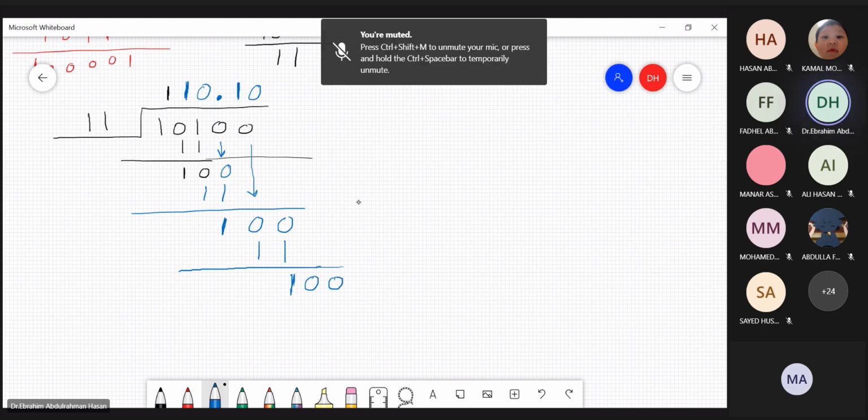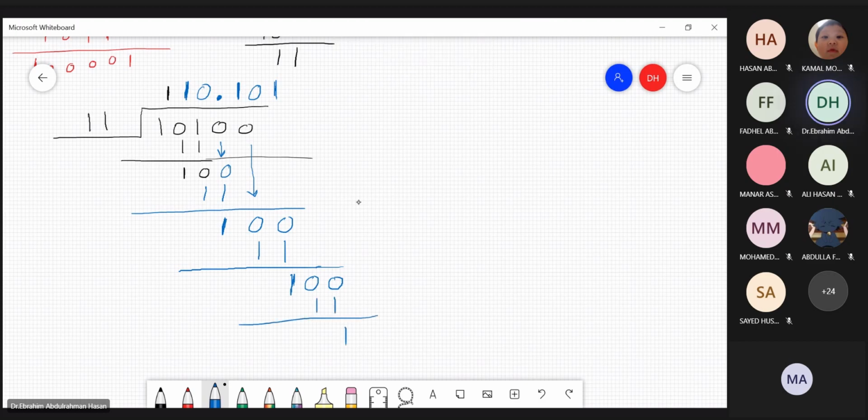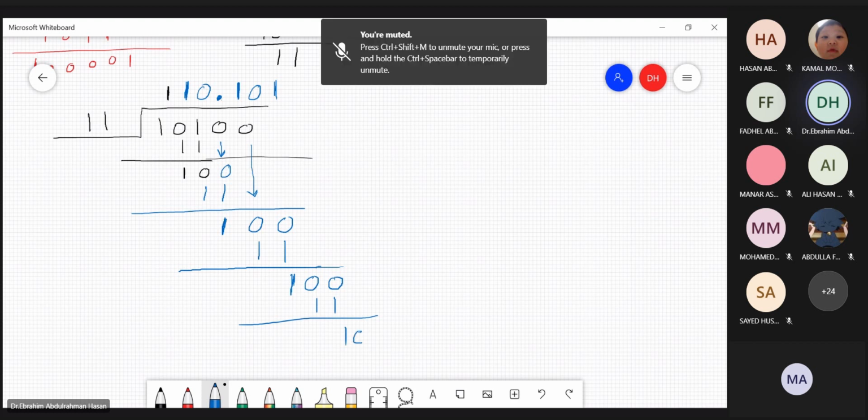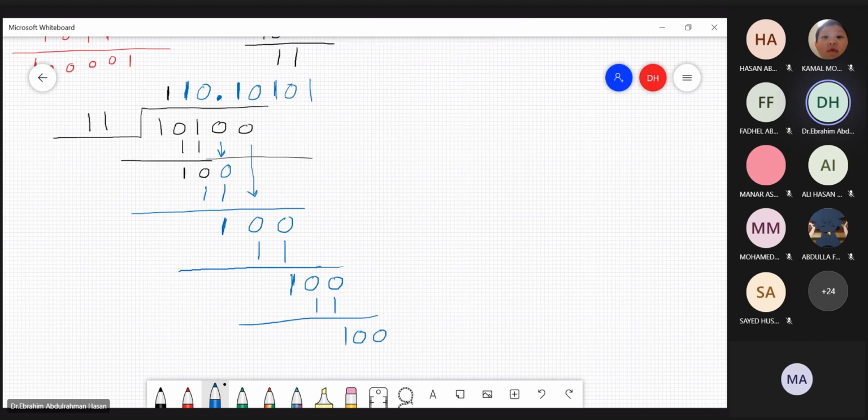Then it becomes 1 multiplied by 11, it becomes 11, so it is 1. So again, since we have a decimal point, we can add 10. But still 10 is smaller than 11. So then it becomes 0 and add 10, then it becomes 1. So 11. So it's repeated actually.